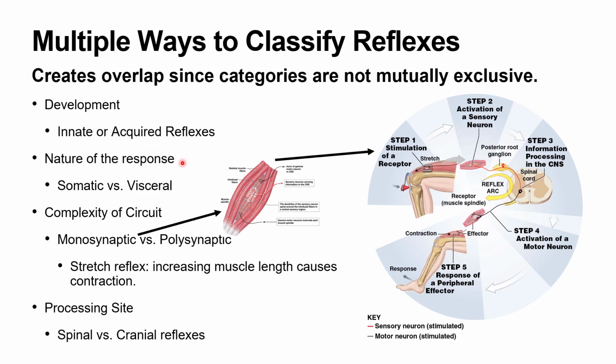And then we classify the nature of our response for different categories of reflexes. We have a somatic reflex, which would be like what we talked about in our previous example, the painful stimulus creating a somatic response, the contraction of that biceps muscle to help avoid the painful response.